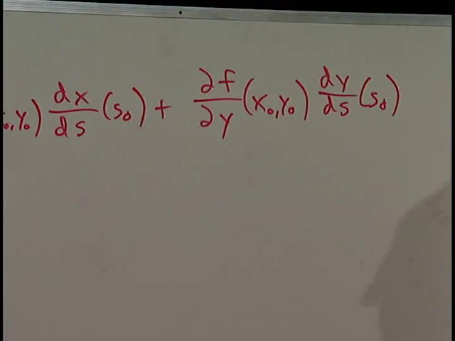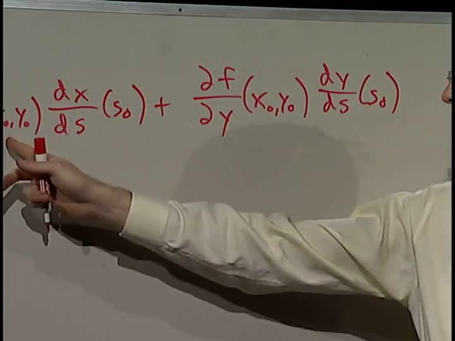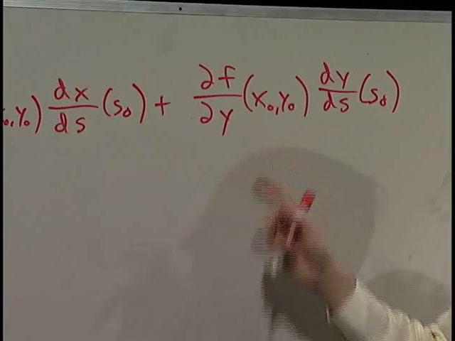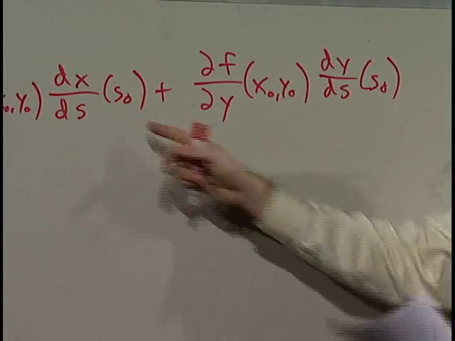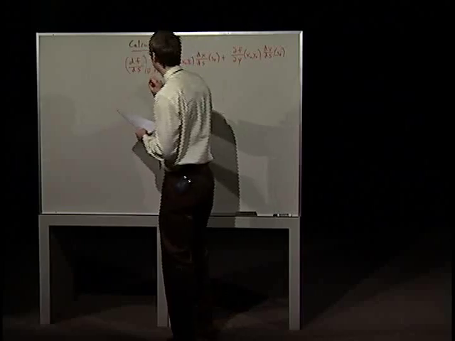So there's the chain rule, remember? It's the partials at x naught and y naught times the derivative of x in terms of s, and the derivative of y in terms of s, at the point s naught. So this is just the chain rule.